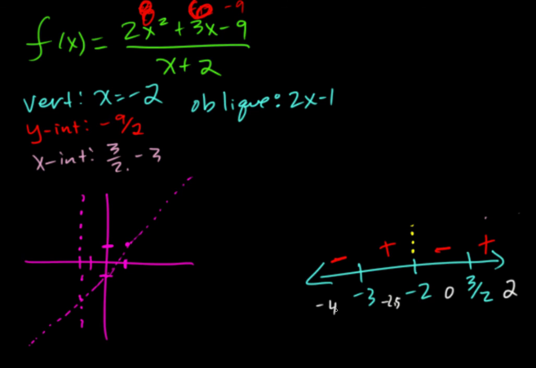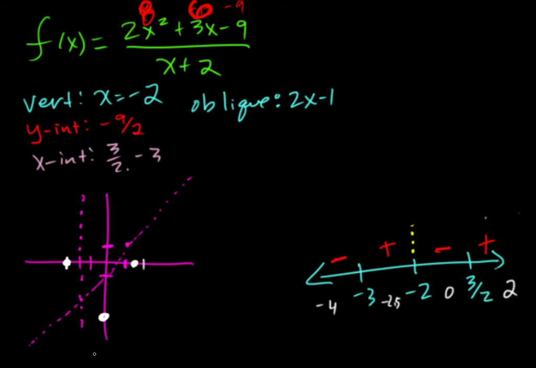All right. Now, -3 is a root, and 3 halves, so 1, 2, and then right there is a root. And then we also have -9 halves as a y-intercept.